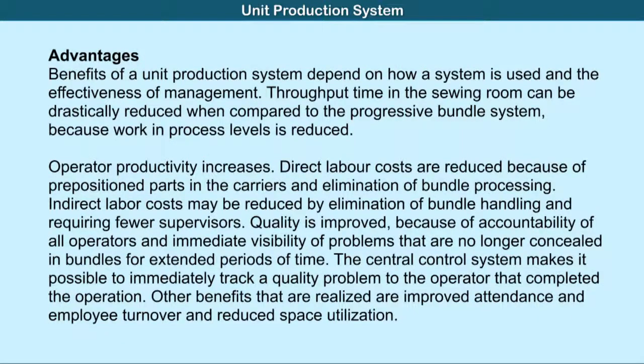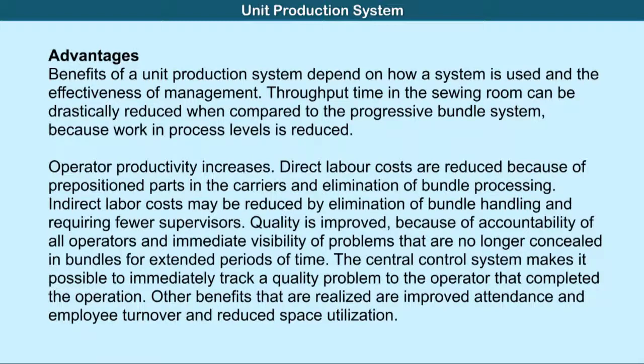Now we have the advantages. The benefit of a unit production system depends on how the system is used and the effectiveness of management. Throughput time in the sewing room can be drastically reduced when compared to the progressive bundle system because work in process level is reduced.